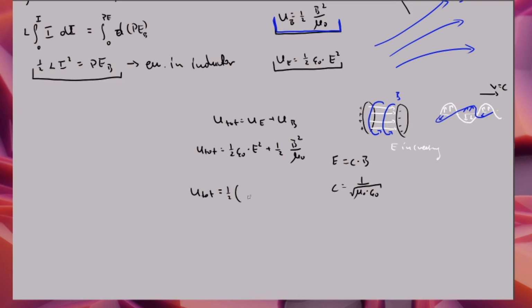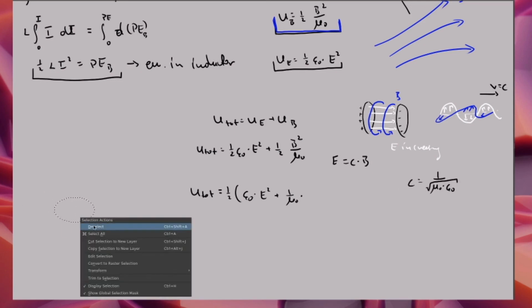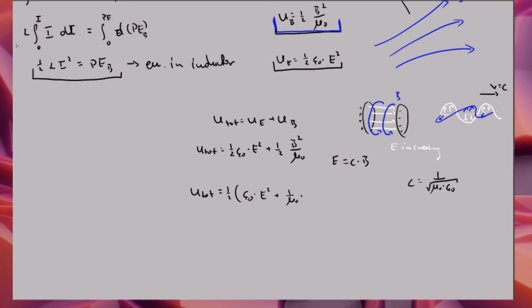So half, and I have epsilon naught times E squared plus 1 over mu naught times B squared. But instead of B squared, I'm going to have E squared over c squared, but c squared is 1 over mu naught times epsilon naught.